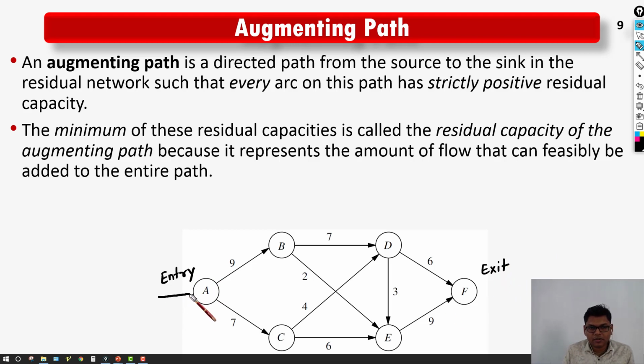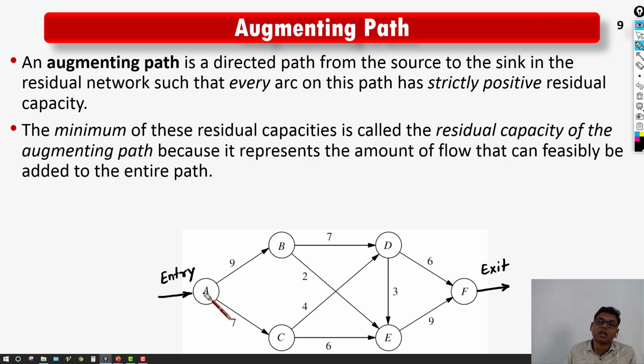Entry is coming from this side and exit going this side. So it is a path from entry to exit, not from entry to somewhere intermediate. No, from entry to exit. So how many paths are possible?